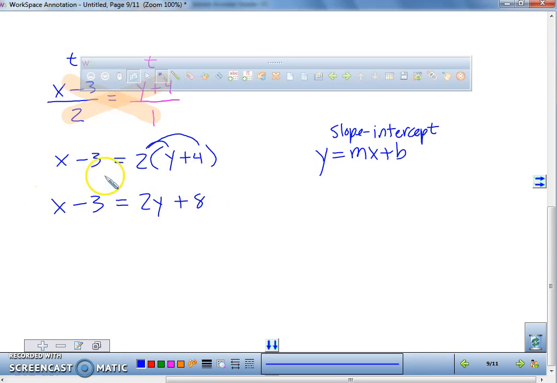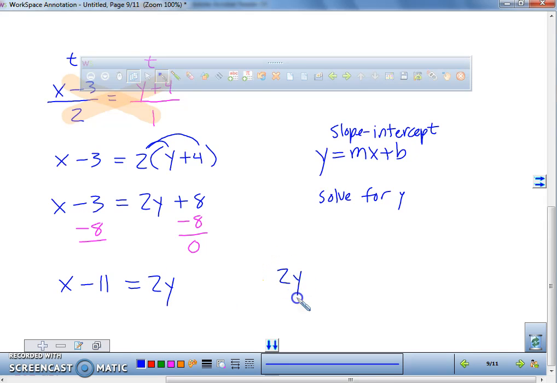So at this point, what are we trying to solve for now? We need to solve for what letter? Solve for y. We're going to take away an 8. Take away an 8. So that's a 0. What are we left with on the left side? We're left with x minus 11 equals 2y.